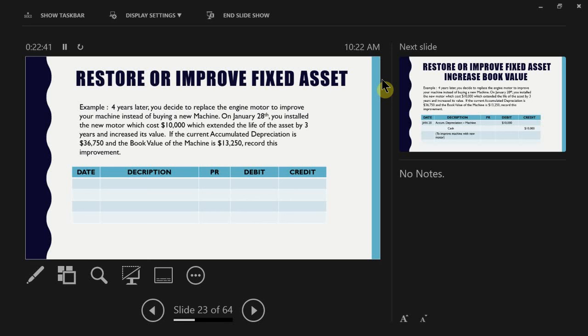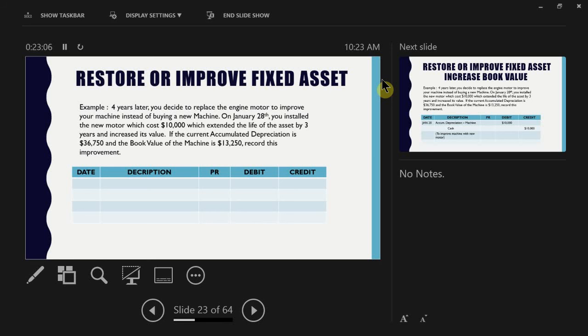So right now I've already racked up $36,750 worth of accumulated depreciation, which brought my book value to $13,250. Now, let's take a look at this approach first to just record this transaction to increase my book value.